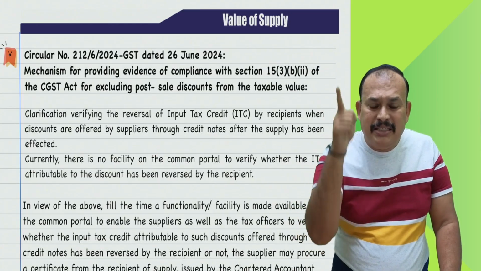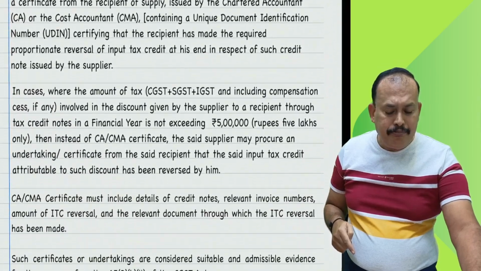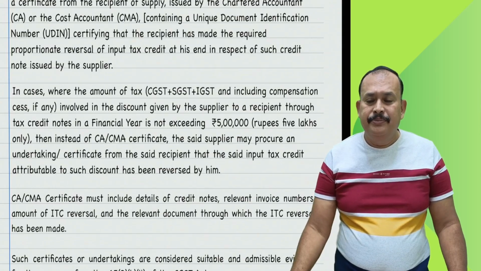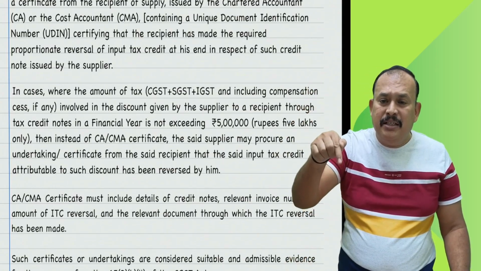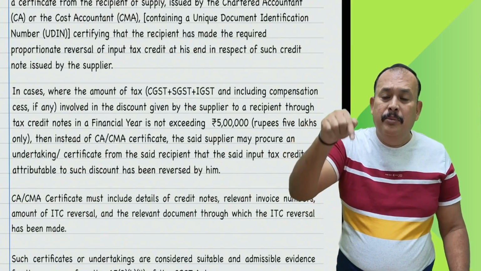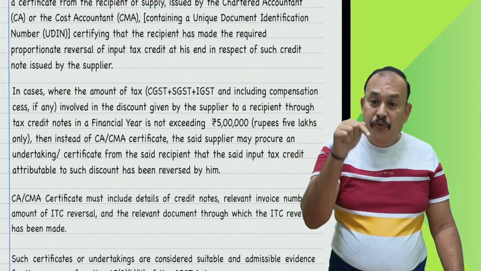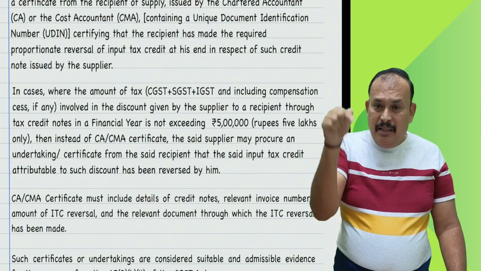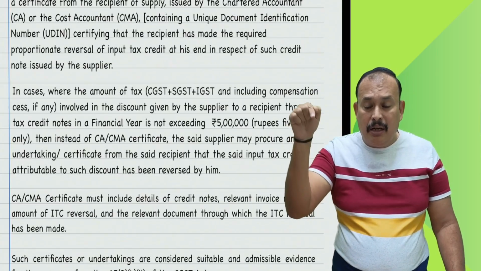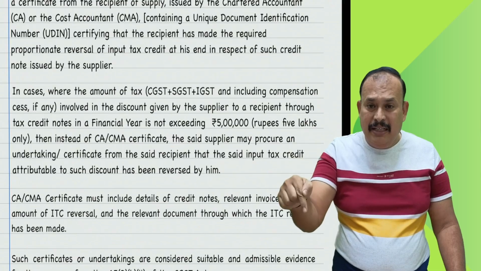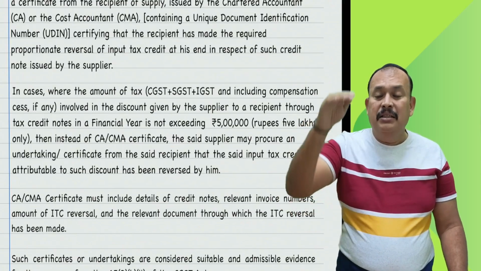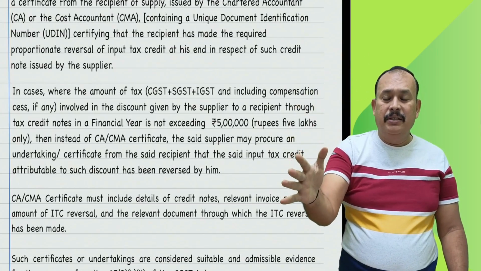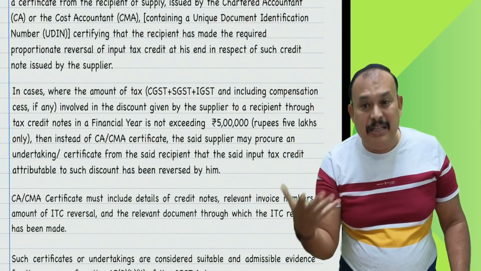If the value exceeds rupees 5 lakhs in a financial year, a certificate should be obtained by the seller from the buyer, stating that a practicing chartered accountant or cost accountant has certified that yes, the buyer, while issuing the debit note, reversed the credit, which is more than 5 lakh rupees in a financial year.